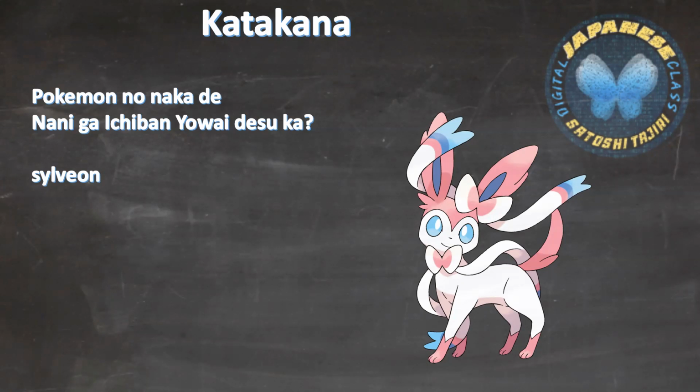Let's turn on some people here. Let's have Jen. Okay, Jen, I will turn on your mic. Go ahead. Why do you think Sylveon is the most weakest Pokemon? I don't know sensei.